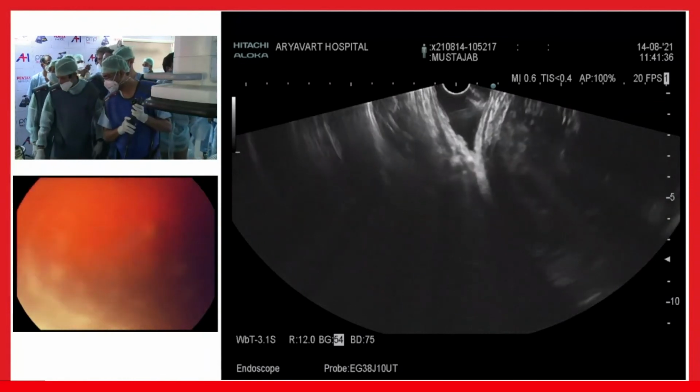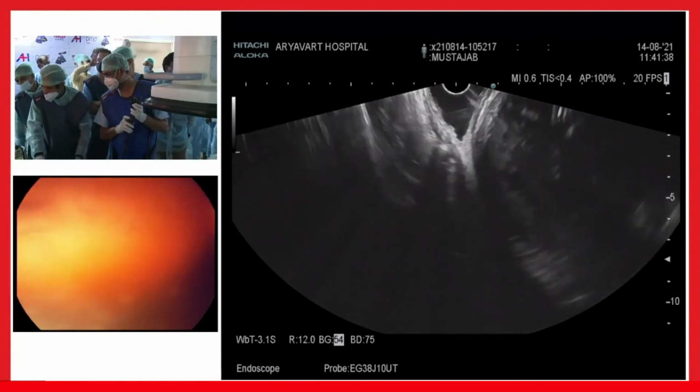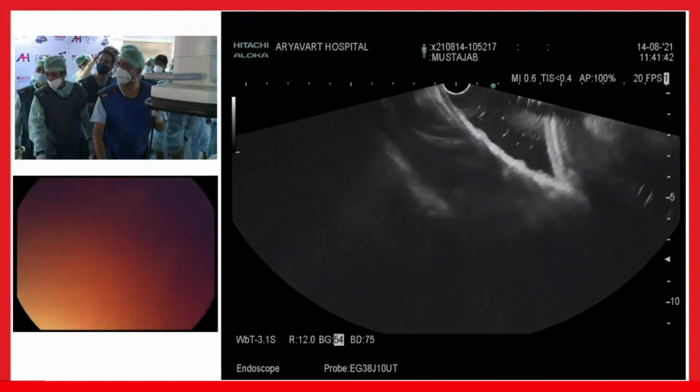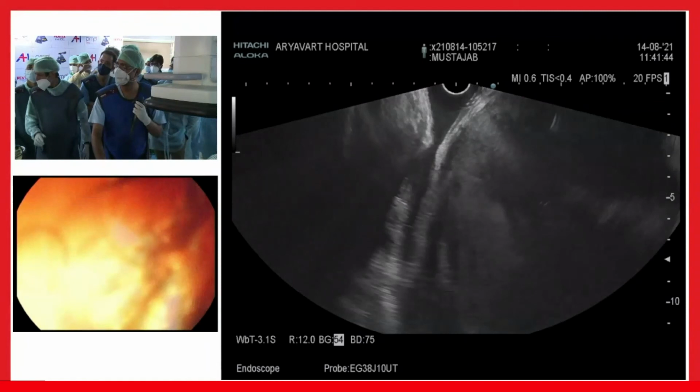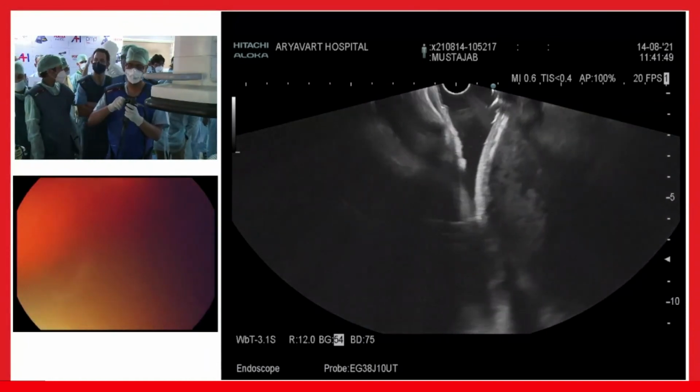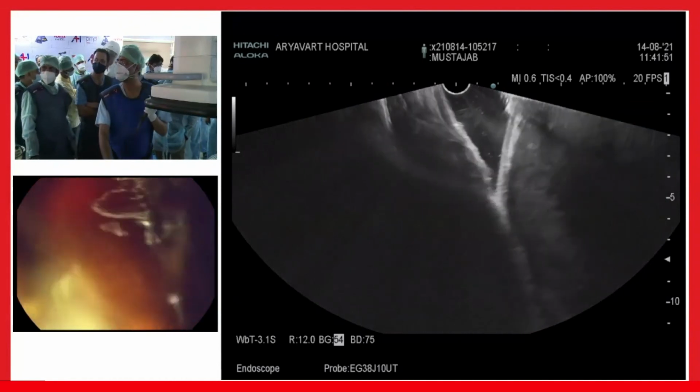of suction. Or if there is a lot of fluid, you can put a Ryle's tube for drainage so that the patient does not get aspirated. Any role of putting a drain?